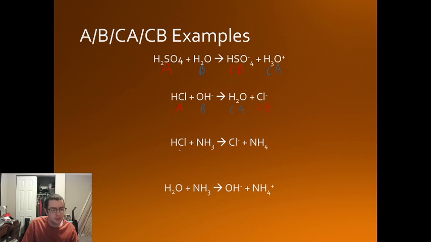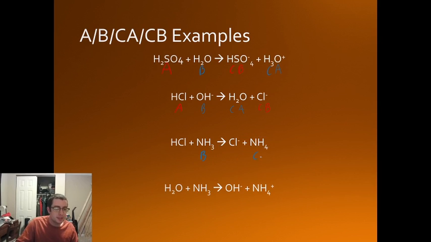For this next one, I'm going to start with the base just because that's the color my marker's on right now. So HCl turns into Cl minus, so that's losing the H, so that's actually going to be the acid, which means that NH3 is the base. NH3 is also, we can tell, first of all that it's paired with NH4, so it's definitely gaining that proton.